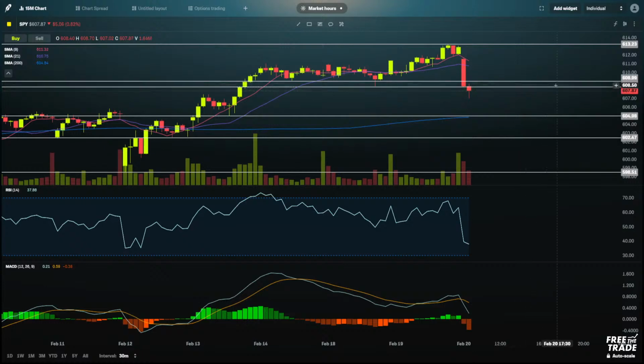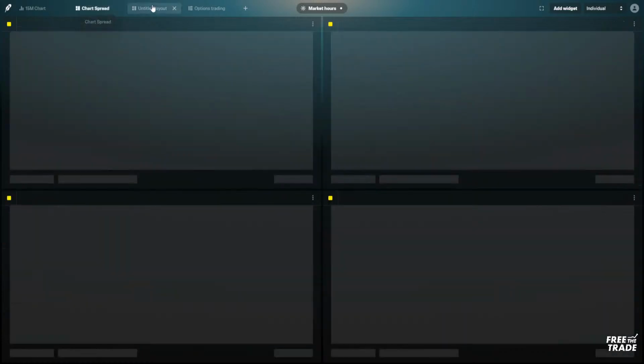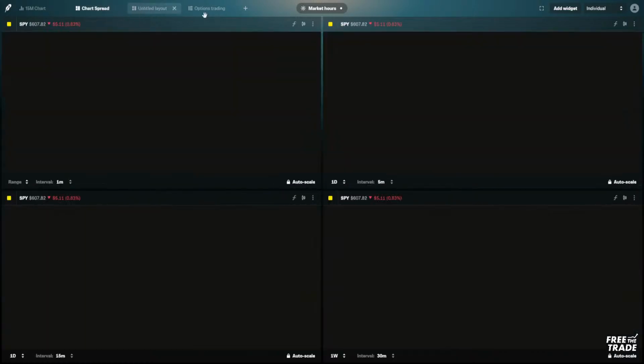Now for the actual strike price of the call, if we're trading at 609 at this point, we've got a new level above us at 609. So probably like a 610, 611, which I think is going to be about a 30 or 35 delta or something like that? Let's check.